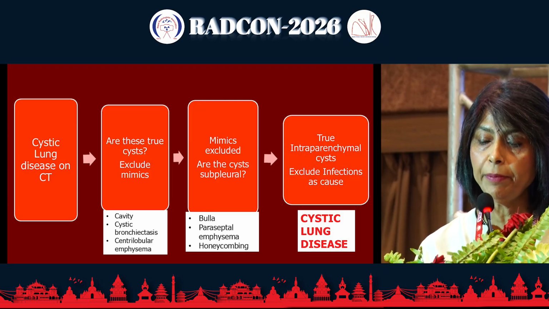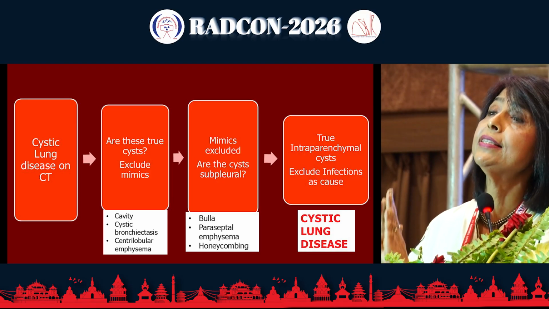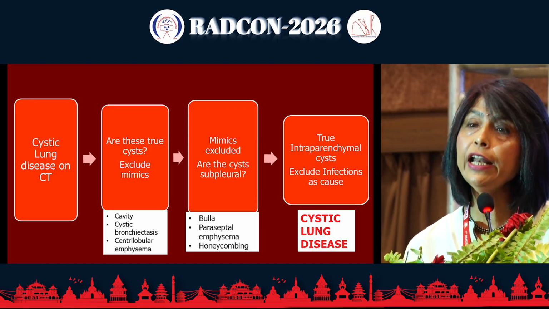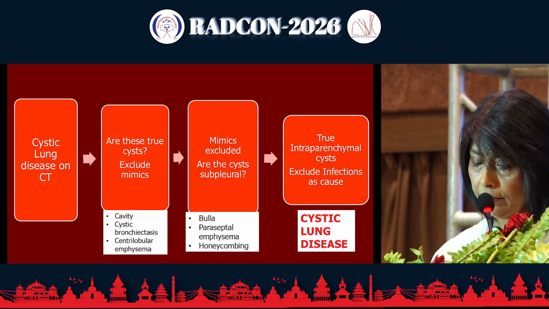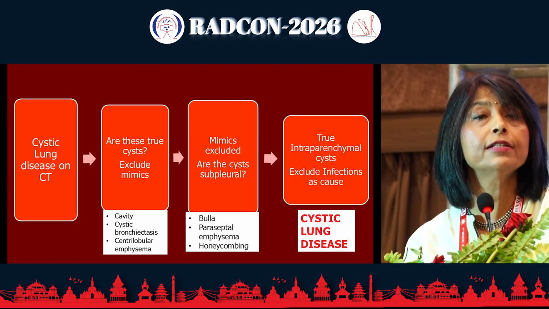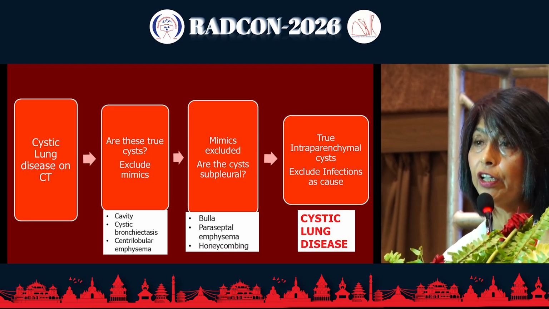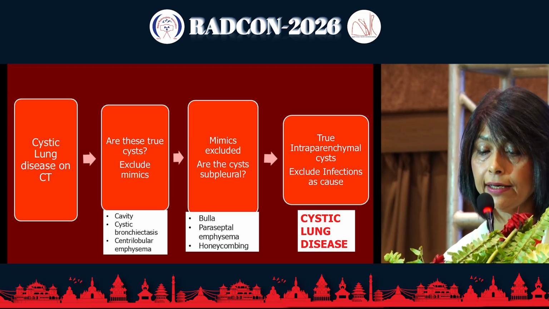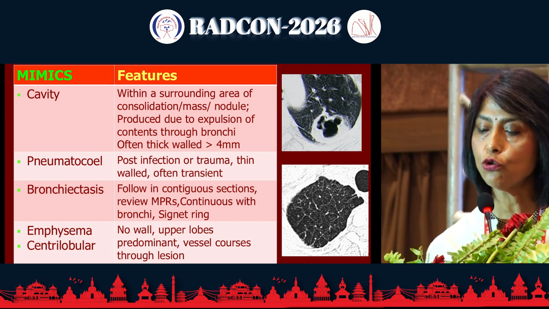After you exclude the mimics, you see, are these all subpleural? If they are subpleural, they are still one of the mimics. Only those which are truly located inside the lung parenchyma then fall in this spectrum of cystic lung disease. So these are the steps we need to take before we begin this journey of what is a cystic lung disease. And this is the list of mimics which you need to rule out.